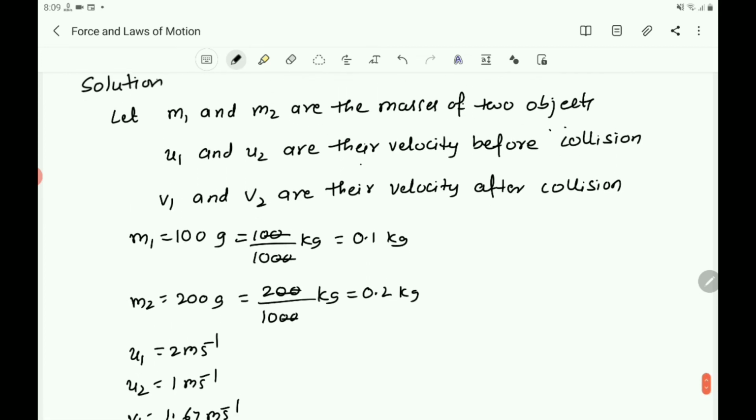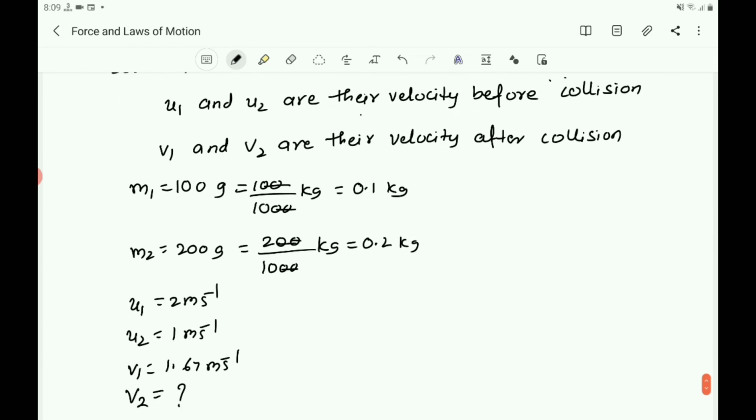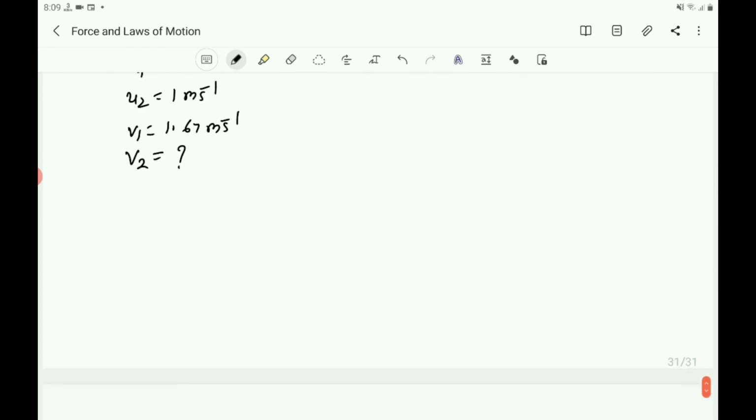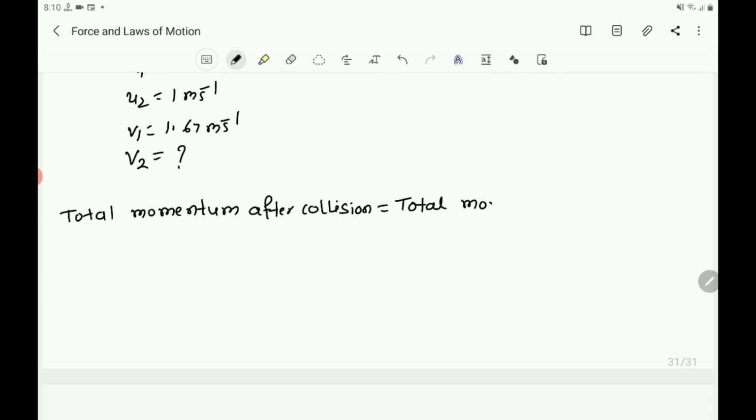Then you know that the total momentum before the collision equals the total momentum after the collision. So you write total momentum after the collision equals total momentum before collision.